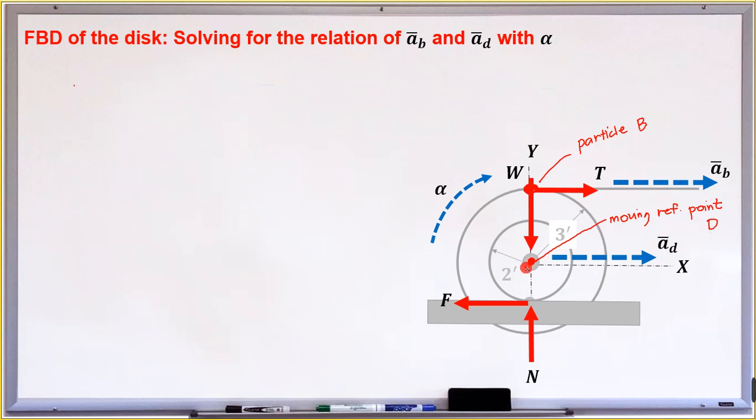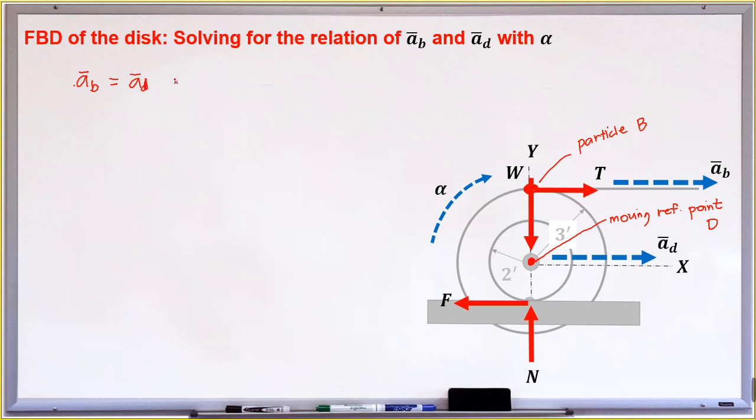It represents the center of gravity of the disk. So we want to know the acceleration of this particle B because the acceleration of this particle B is also equal to the acceleration of the block, no? So we use the vector equation, no? That is the acceleration of the particle B is equal to the vector sum of the acceleration of its reference point, so that is the acceleration of the disk, no?